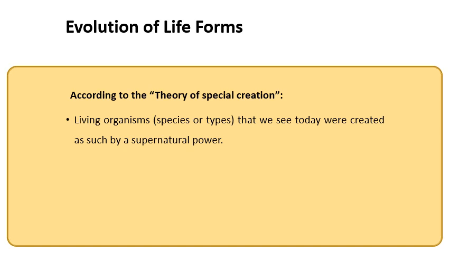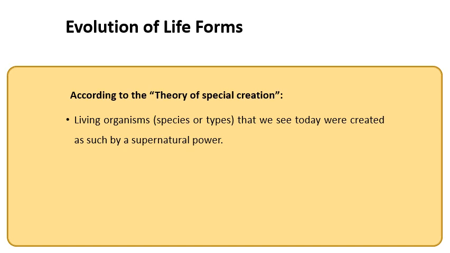This is the basic concept of evolution, and in regard to evolution of life, a theory was proposed called the theory of special creation. According to this theory of special creation, the entire world was created in 6 days.